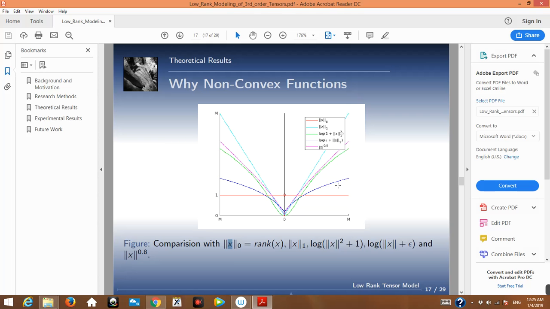And there are several choices of non-convex functions. For example, we can use a power of 0.8, and we can also use the log determinant or logarithm function to approximate the rank of x.